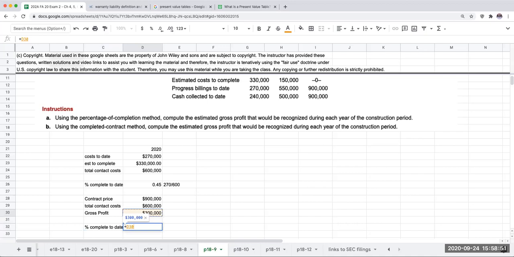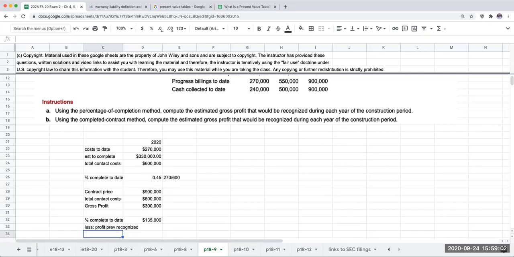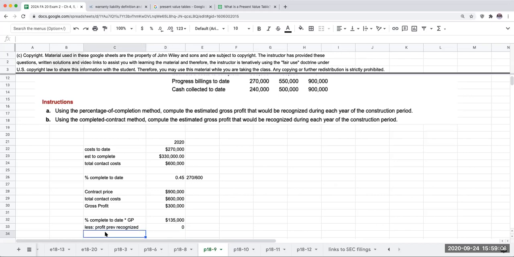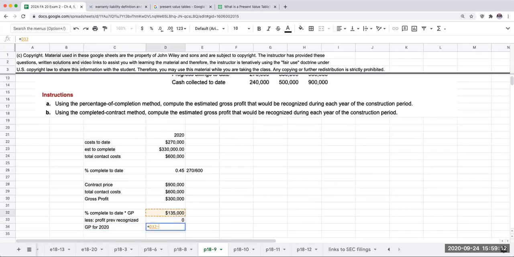I'm going to take 300,000 times 45%, less profit previously recognized. This amount is 0 because this is the first year of the contract. So the gross profit for 2020 is going to be 135,000.